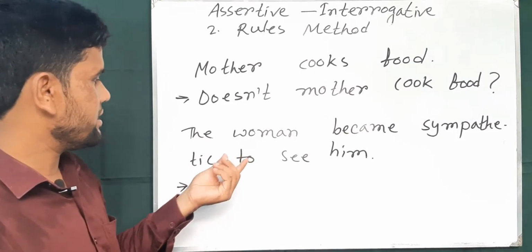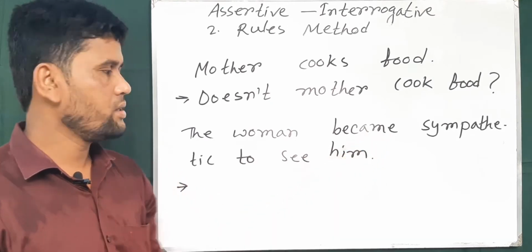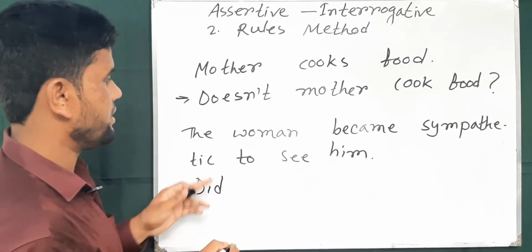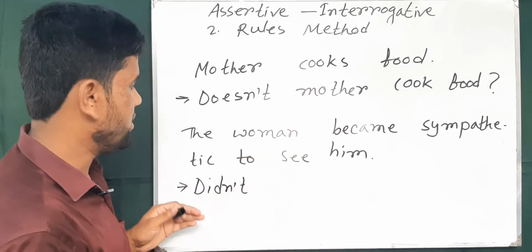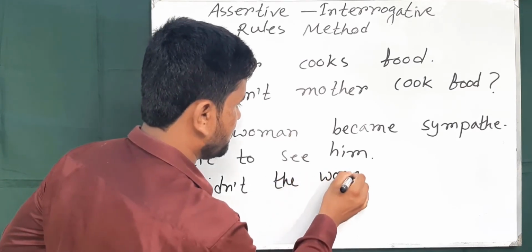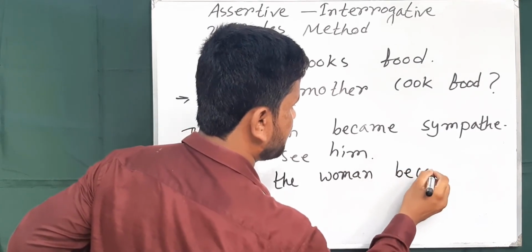Okay, then the next sentence you see, "became", the verb is in past form, so you must use did, and the sentence is affirmative, so not, and the subject of the verb, the women, and "become", not "became".